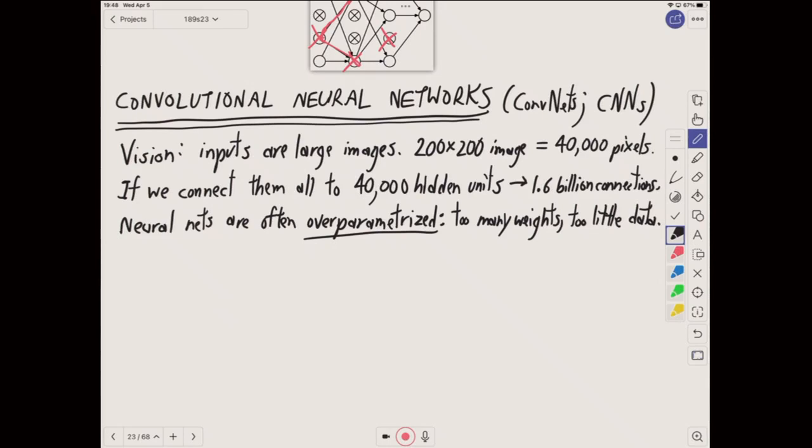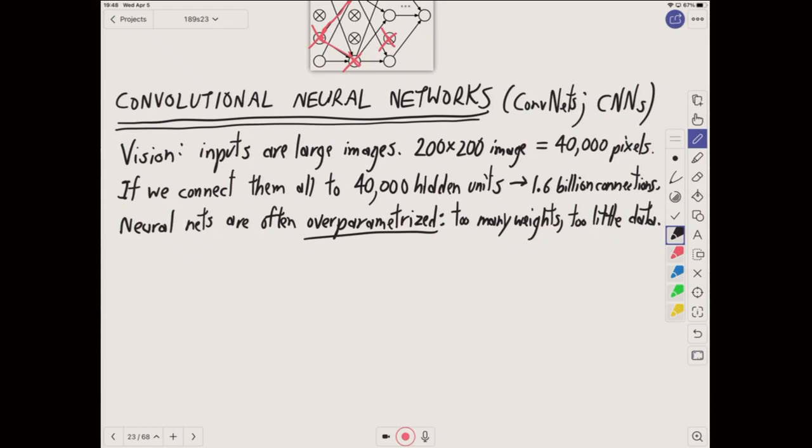Now, edge detectors have a couple of interesting properties. One is that each edge detector just looks at a tiny piece of the image and says, is there an edge in this little 5 by 5 or 7 by 7 square? And second, edge detection is the same no matter what part of the image you're looking at. So you look over here, if there's an edge, recognizing that edge is exactly the same computation as recognizing if there's an edge over there.